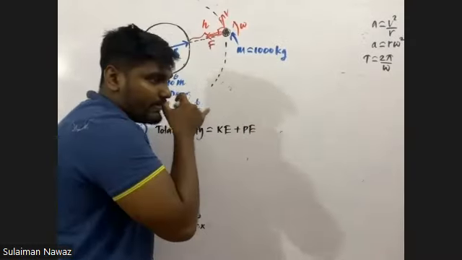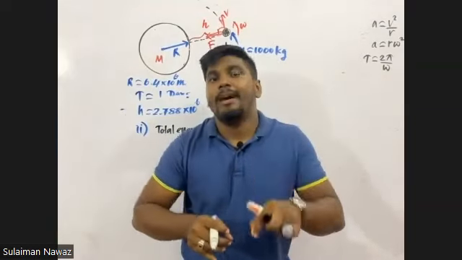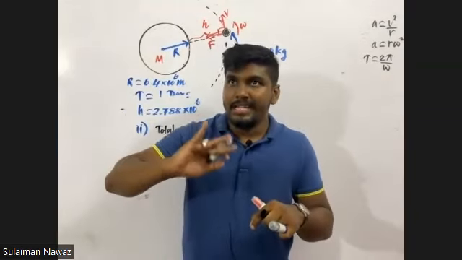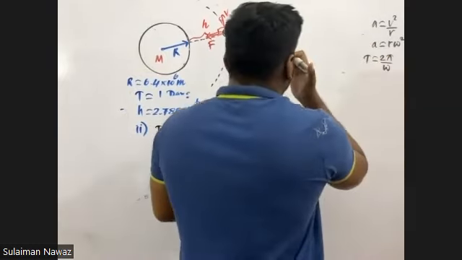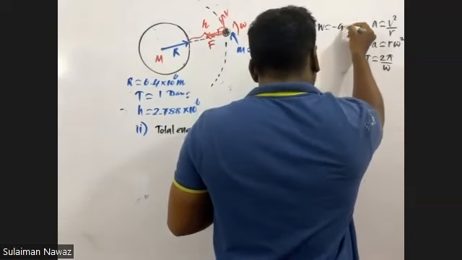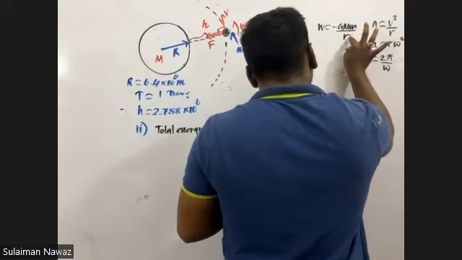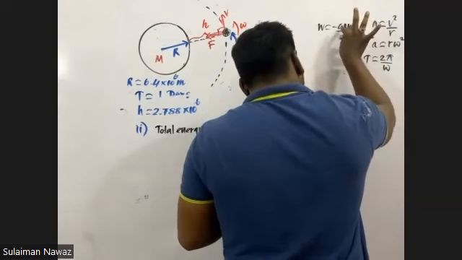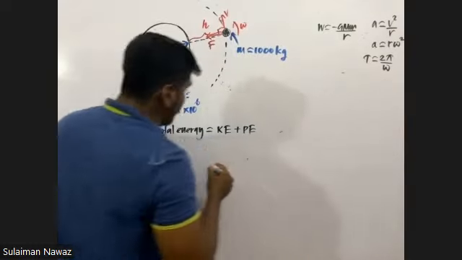Now, can you remember the equation we learned for the potential energy of a small mass m in the field? Minus G capital M small m over R. You must remember these equations. The kinetic energy equation is half m v squared.